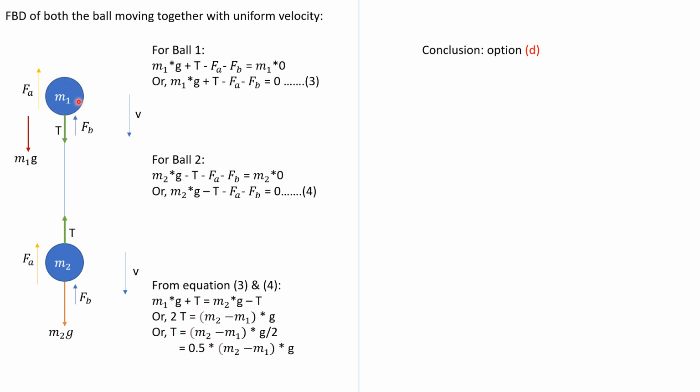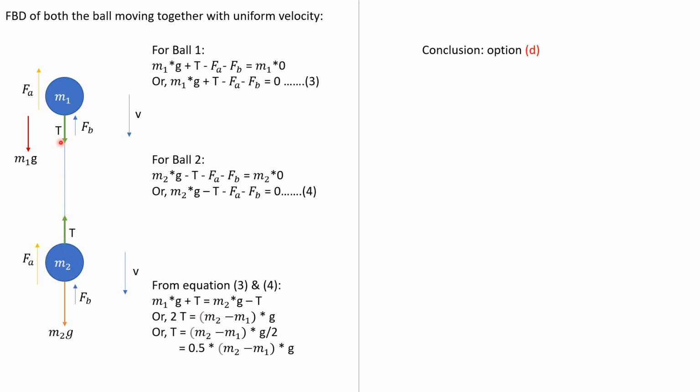This is your ball 1 with mass m1. The forces acting on it are the weight acting downward, air drag in the upward direction, buoyancy force in the upward direction, and v is the uniform velocity with which it is coming down.